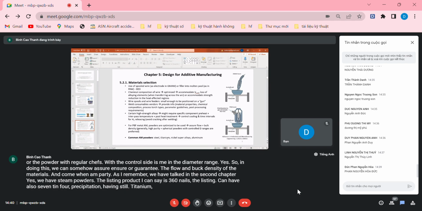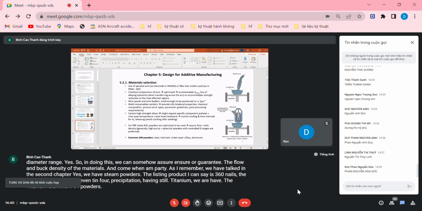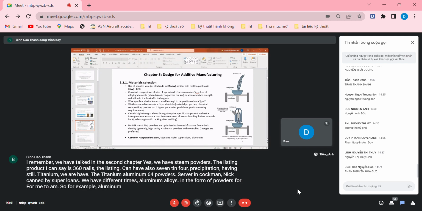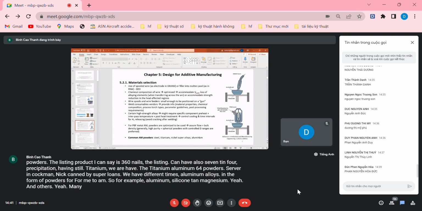Titanium, we have the titanium aluminum 6-4 powders, several Inconel nickel-based superalloys. We have different types of aluminum alloys in the form of powders for metal AM. So, for example, aluminum silicon, tin, magnesium, and others. There are many types.